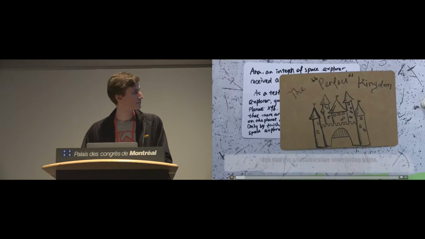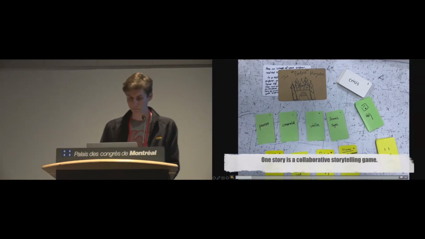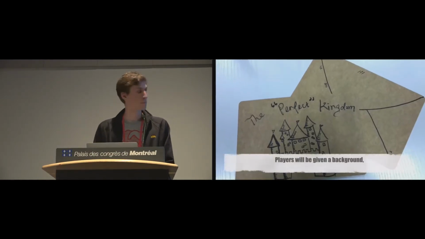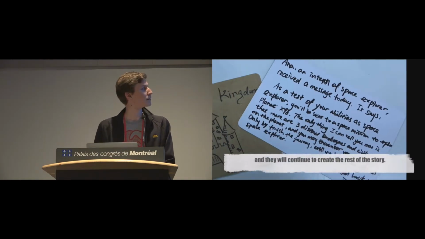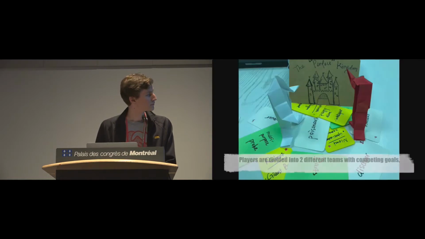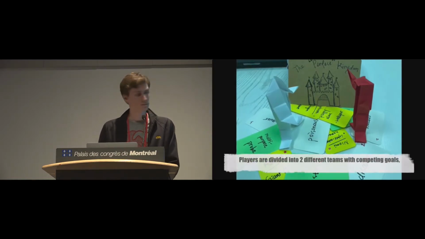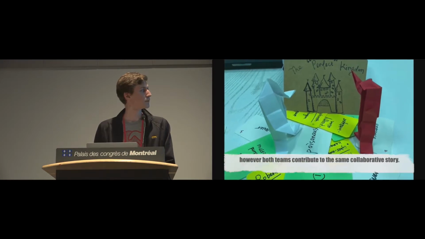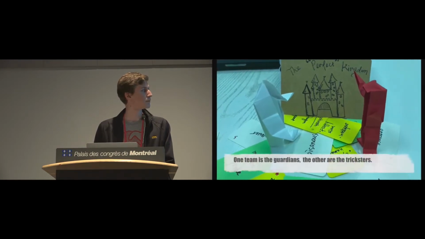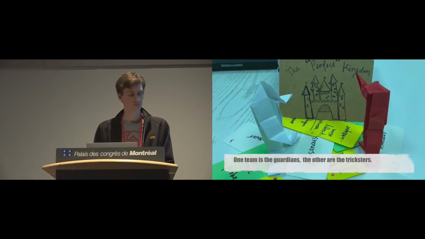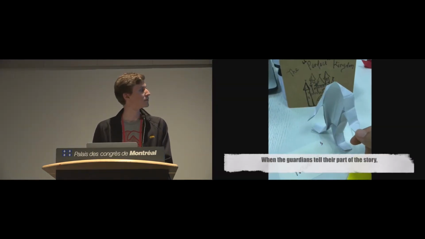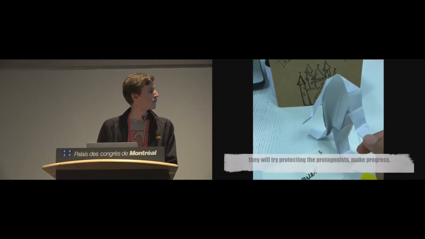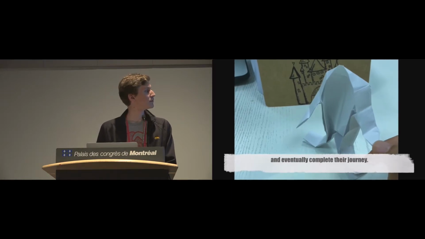Hopefully we have sound. One Story is a collaborative storytelling game. Players will be given a background, and they will continue to create the rest of the story. Players are divided into two different teams with competing goals. However, both teams contribute to the same collective story. One team is the Guardians, the other are the Tricksters. When the Guardians tell their part of the story, they will try and help the protagonists make progress and eventually complete their journey.